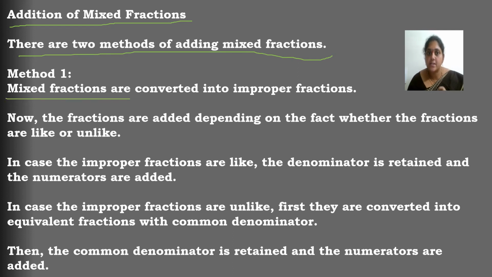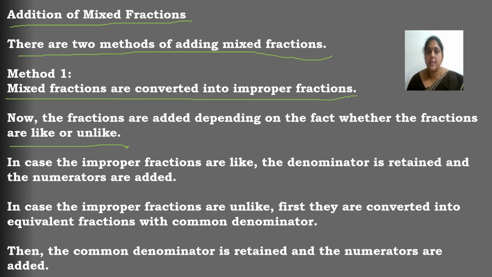Mixed fractions are converted into improper fractions. Now the fractions are added depending on whether the fractions are like or unlike. First, mixed fractions should be converted into improper fractions, and we have to compare them as like or unlike fractions. Then only we have to add.